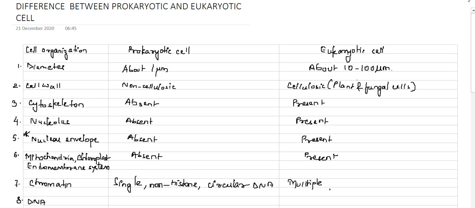And in eukaryotes, there are multiple chromatin which are associated with histone as well as with other proteins. And also the important point is that they are linear. Eukaryotic DNA is linear and prokaryotic DNA is circular.